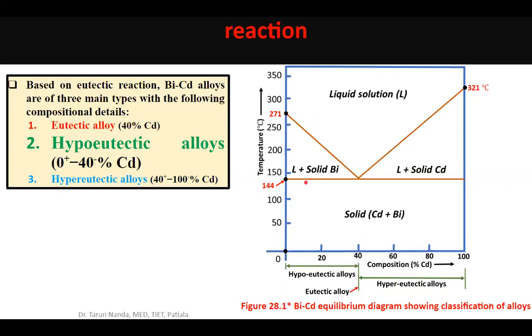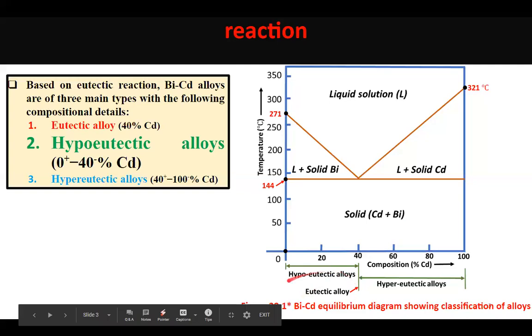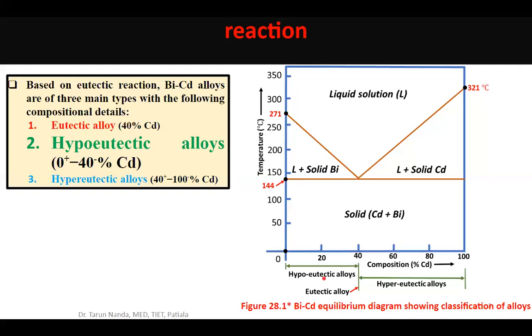So just after the eutectic reaction has occurred in the liquid solution of eutectic composition, there is some other phase that continues to exist. For this reason, we say that it's only the eutectic alloy which undergoes the eutectic reaction completely. Just before the eutectic reaction, it has only those phases which would be used in the reaction, and just after, it has only those phases formed due to the eutectic reaction.